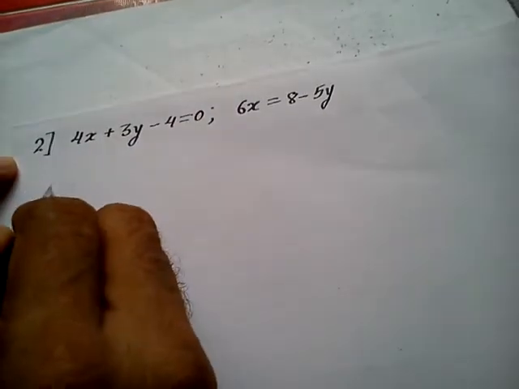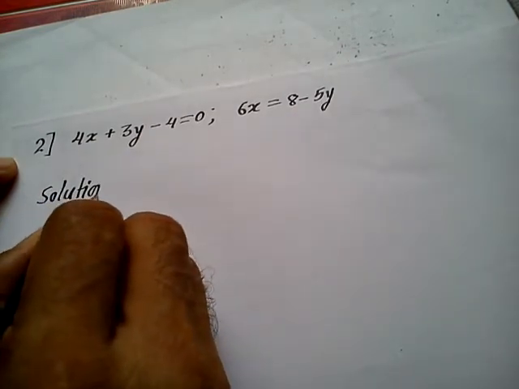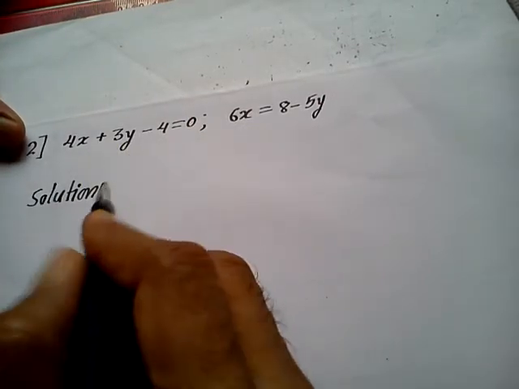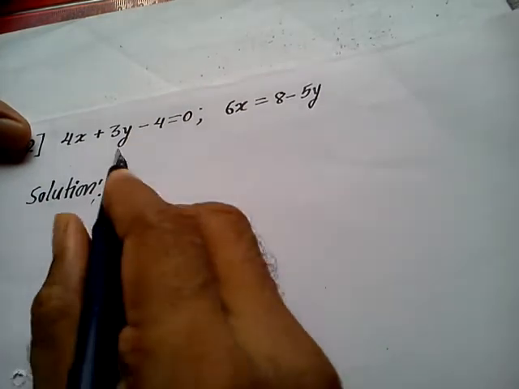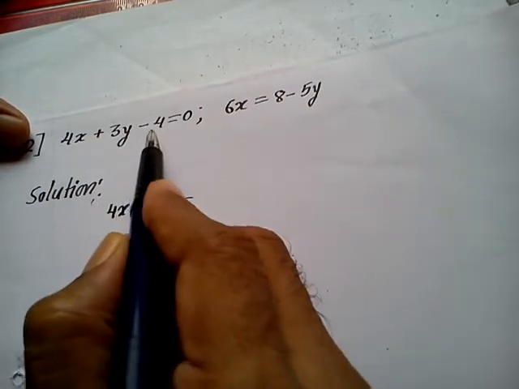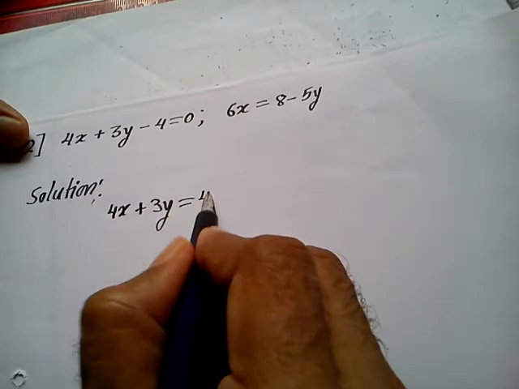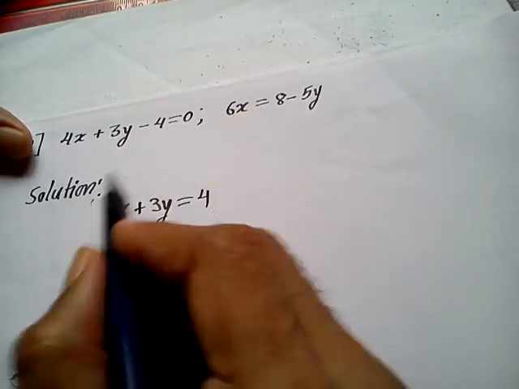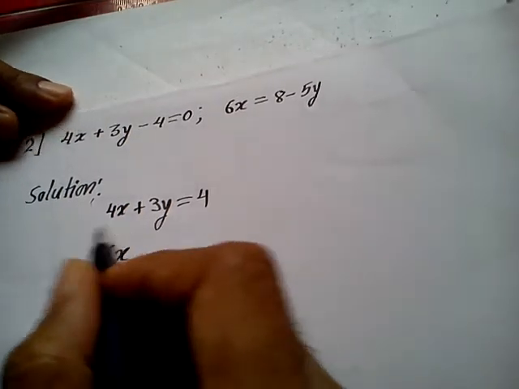Solution. See, the equations are given in a different format. So we have to write 4x plus 3y is equal to negative 4 moved to the right hand side, that will be positive 4. Here 6x is on the left side as it is, in the right place.